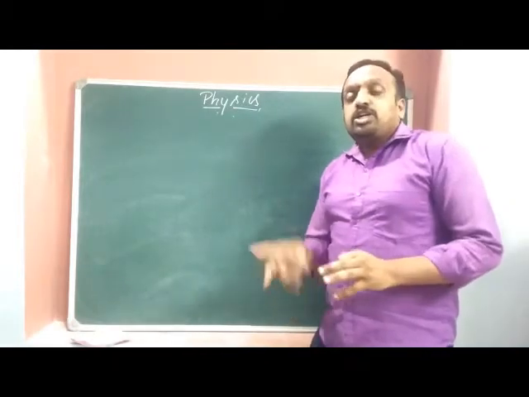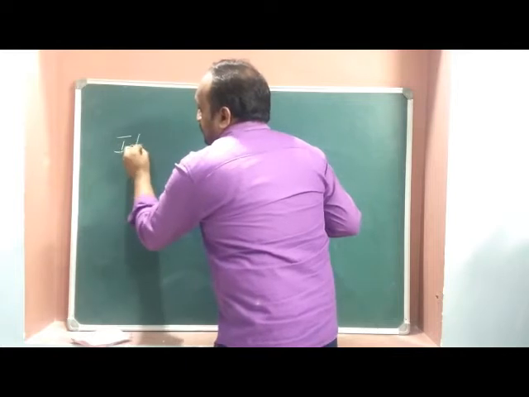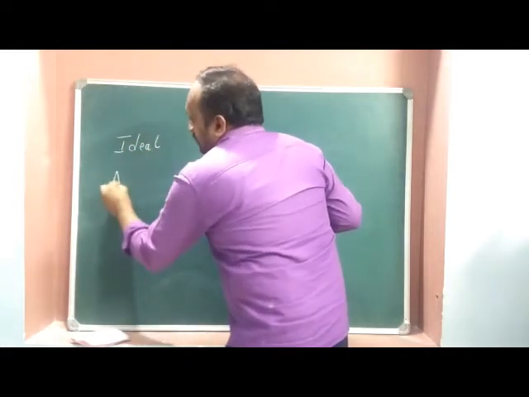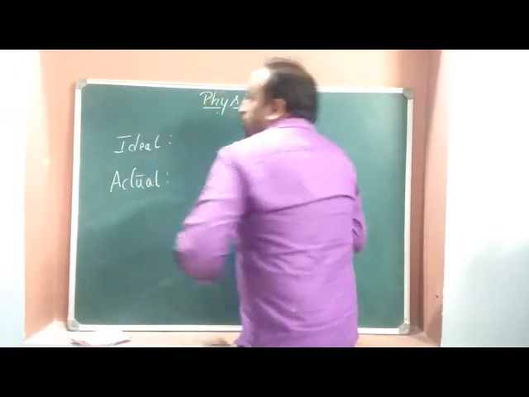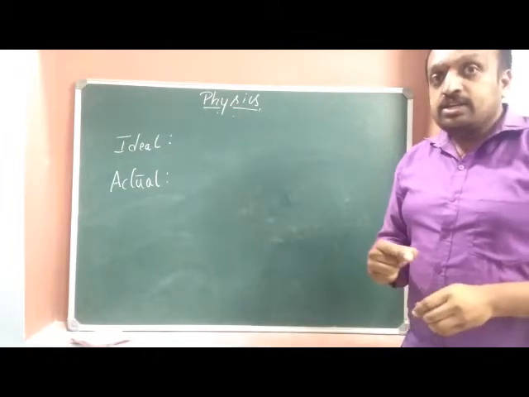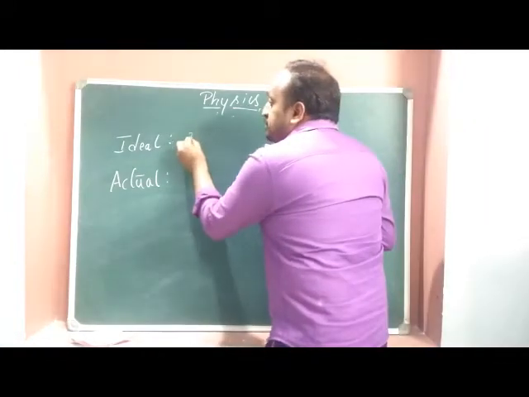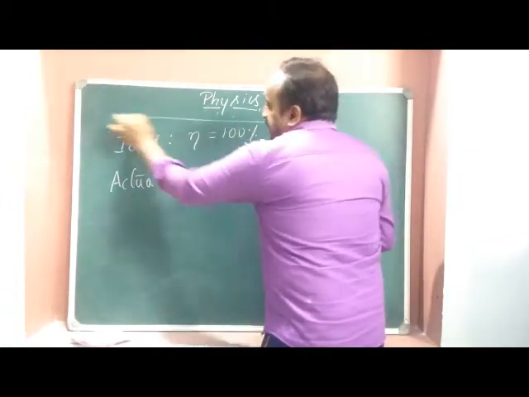There are 2 types of machine. One is ideal, another one is actual. So what is an ideal machine? A machine which has the efficiency equal to 100%.